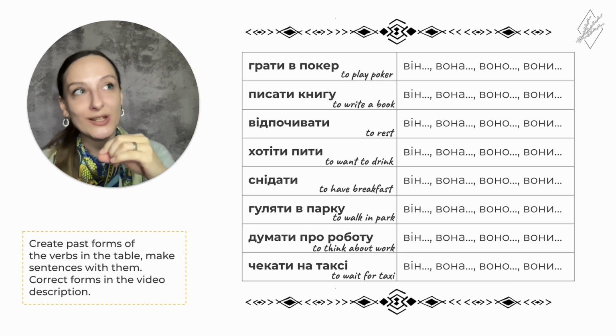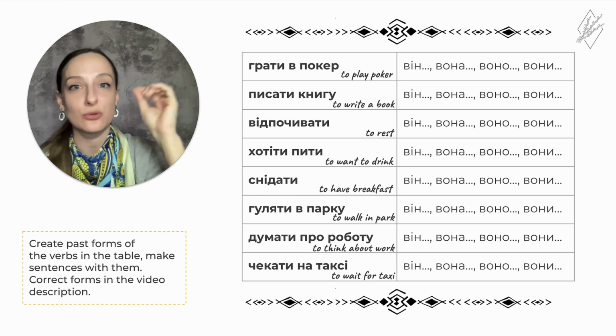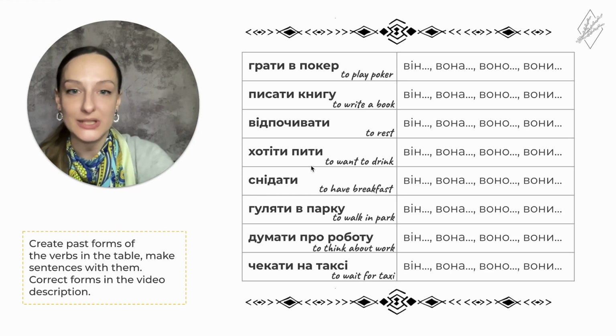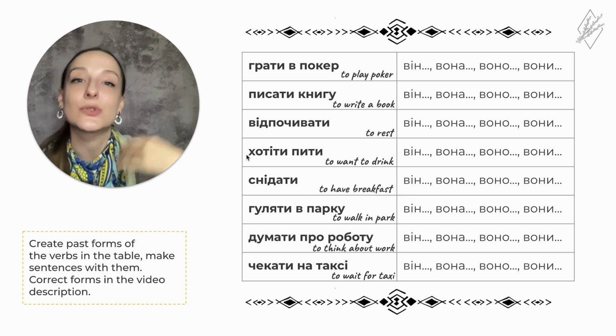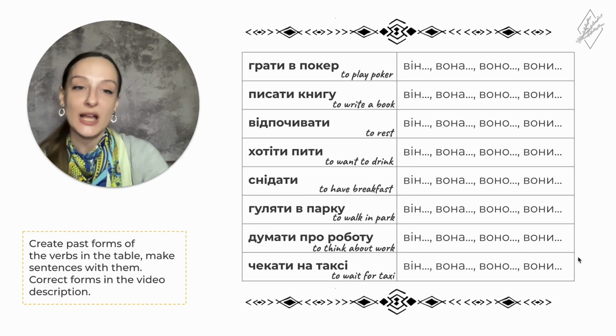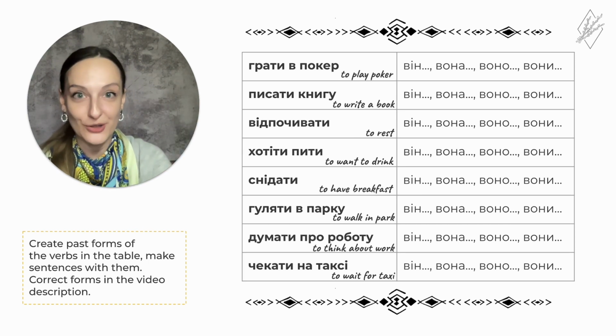I wanted to drink, still to drink. So in Ukrainian it will be still пити, пити. Пити will stay the same, but хотіти, to want, will be changed to the past tense. So, stop the video, make this exercise, and check yourself in the video description.